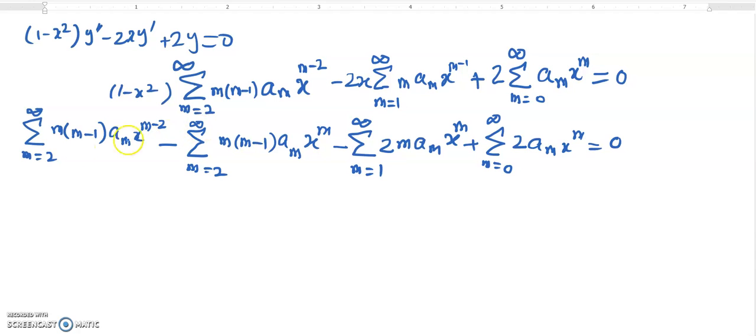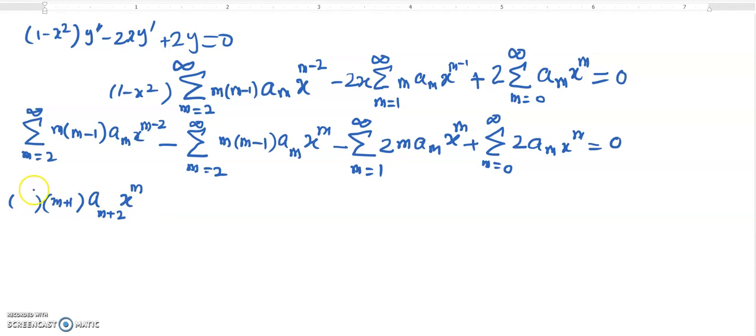So now I have to make all these sigma notations compatible with each other. So I will choose x to the power m, so I need to adjust the first x to the power m minus 2 term. If I want to adjust this, I will bring the index forward by 2, so it will be x to the power m, and there will be the term a_(m+2), and then m minus 1 will become m plus 1, and m will become m plus 2.